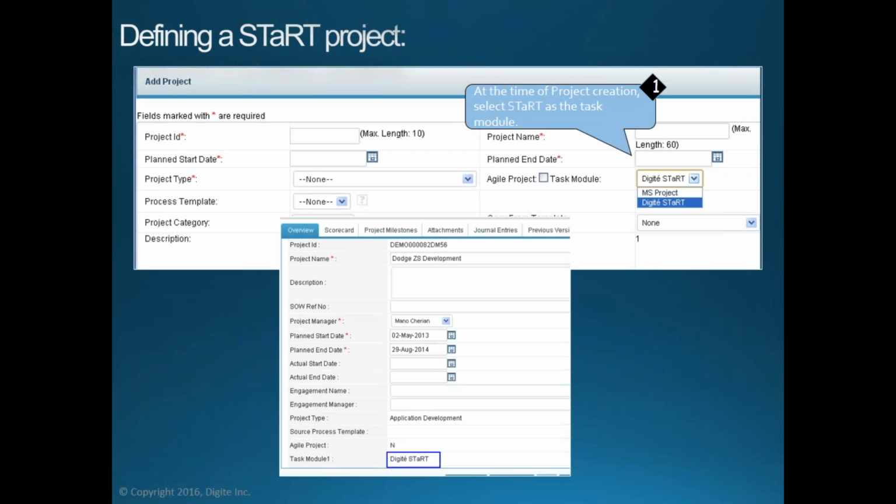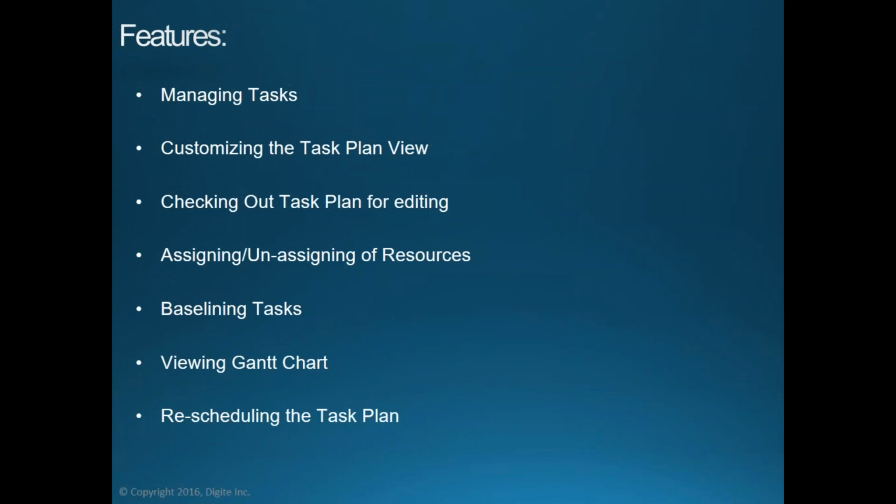So as we discussed, when you're creating the project, you need to decide whether you want to create the project as a STaRT project or a Microsoft project. So the option is quite evident. You need to select Digité STaRT from the drop down, and once that is selected, you need to create the project. Okay. So this thing we have already covered.